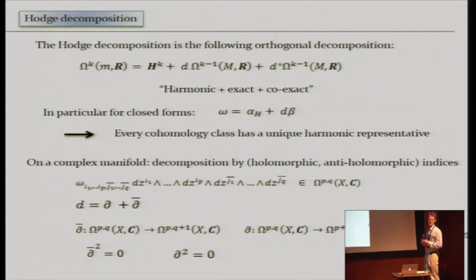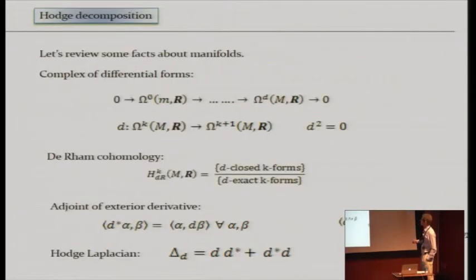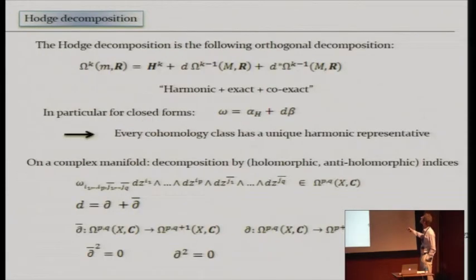Yes? Martijn, what was the question? I'm not sure why it's asking, but if this decomposition. What d star makes... Oh, I'm sorry, that's a typo. So this is supposed to be k minus 1, thank you. So D takes you from k forms to k plus 1 forms, but the adjoint of D, if you just look at this formula, takes you from k forms to k minus 1 forms.